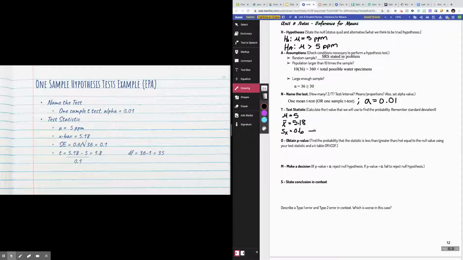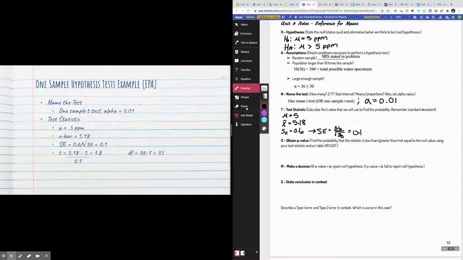So I need to use that to find my standard error. I'm going to take my standard deviation from the sample, 0.6, and divide it by the square root of n, which is 36. So 0.6 divided by the square root of 36 is 0.1.